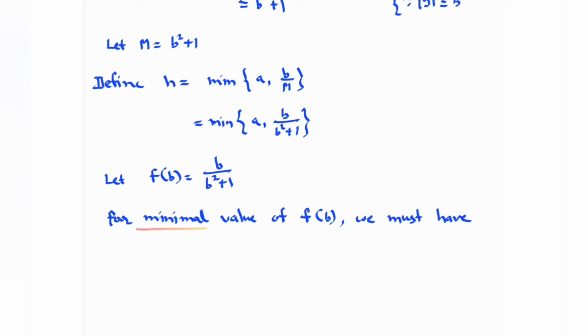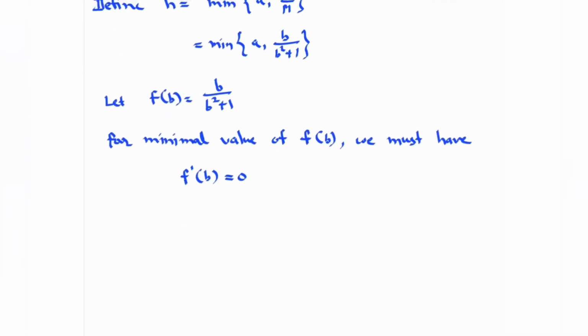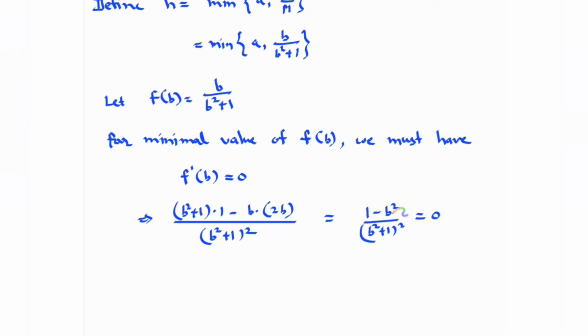For the extremal value of f(b), the necessary condition is that the first derivative with respect to b must be 0. So we calculate the first derivative of f(b), and its value will be (1 - b²)/(b² + 1)² equal to 0.